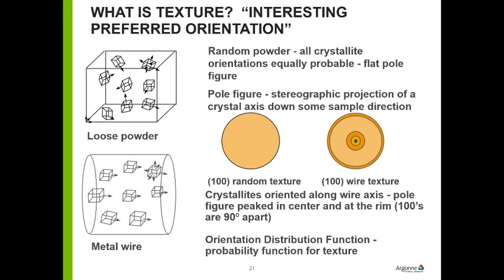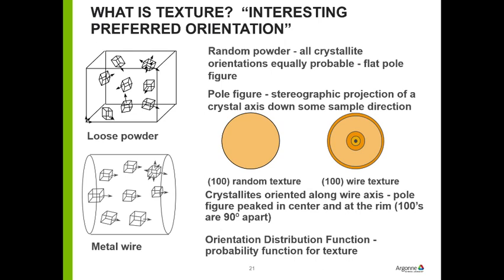Then if you look at the projection of one of these axes with respect to the sample coordinates, let's say up the axis of a cylinder, and if it's uniform, then all the orientations are equally probable. This is called a pole figure, which is that stereographic projection. And having it uniform then is a random distribution.